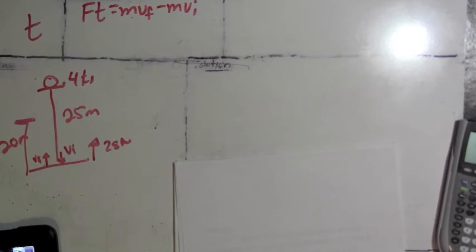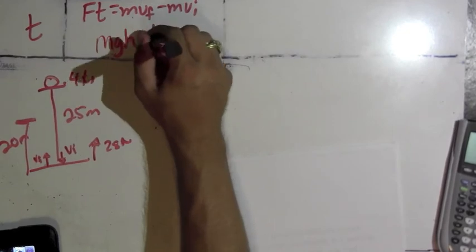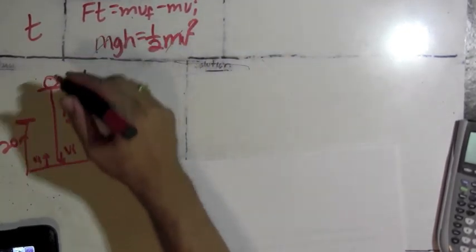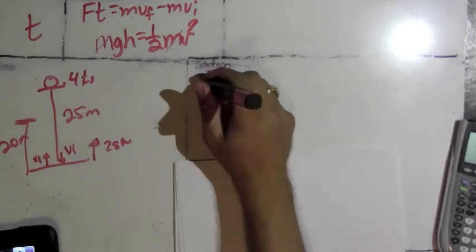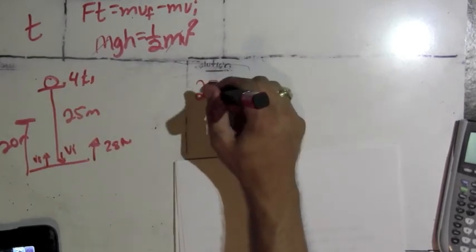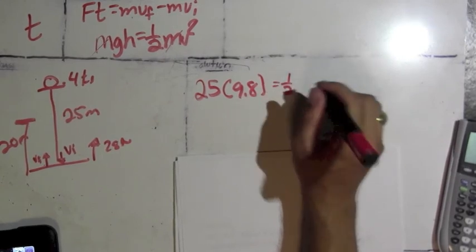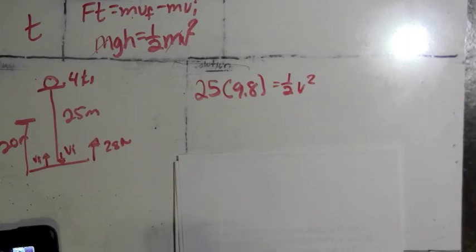How am I going to figure out those velocities? What I'm going to do is use conservation of energy, or mgh equals 1/2 mv squared. In our case, mass is going to cancel out for this calculation. So we're going to say that the fact that it falls 25 meters times 9.8 allows me to solve for the velocity that it's moving as it strikes the ground.